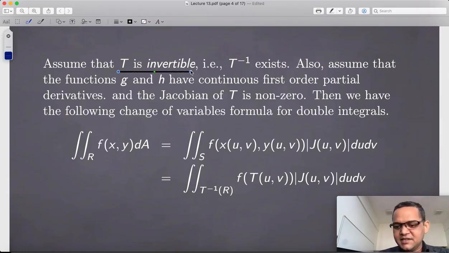Okay, so the assumptions, when we are trying to do a change of variable for integrals, are that we assume the transformation is invertible. This is very natural, it's not anything artificial, because if two things are being mapped to one, the domain will shrink or it can become completely different.